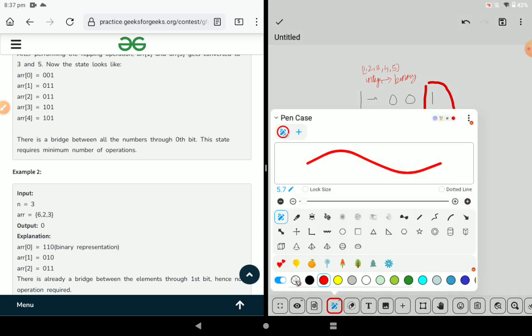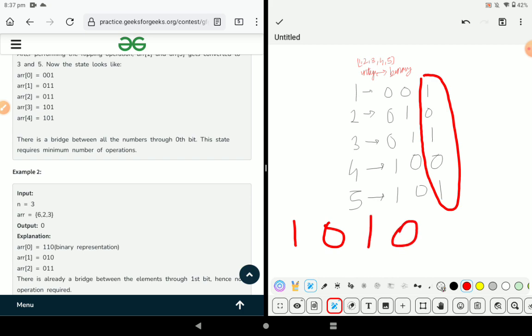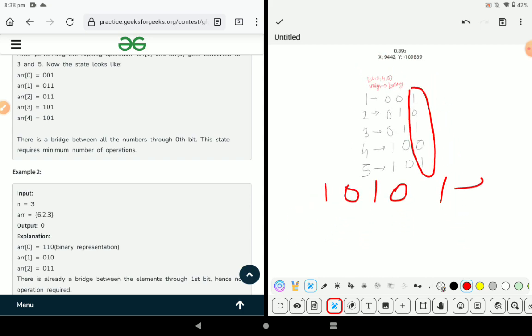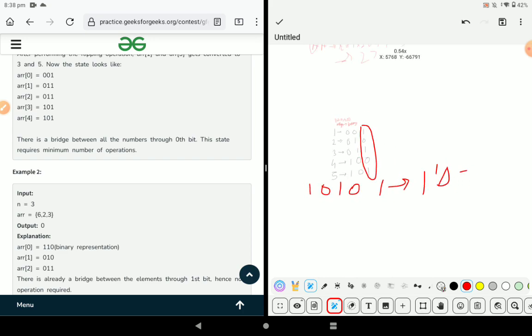Taking the first column, it's 1 0 1 0 1. We have to count the number of ones. The number of ones is 3.